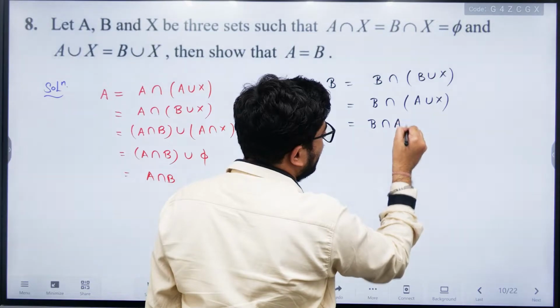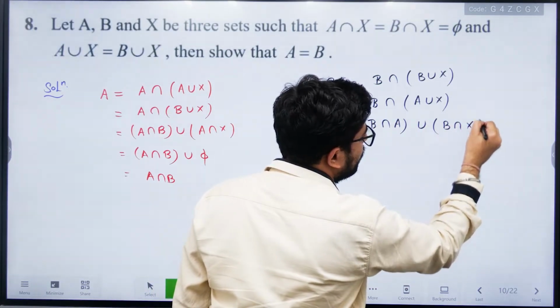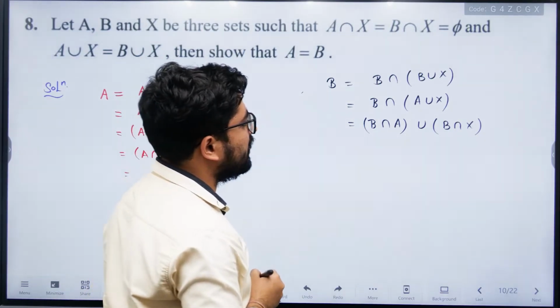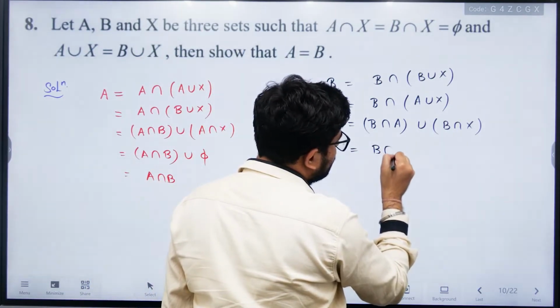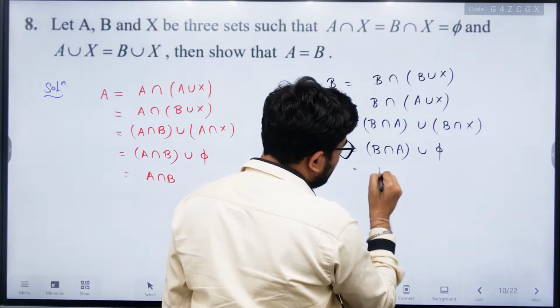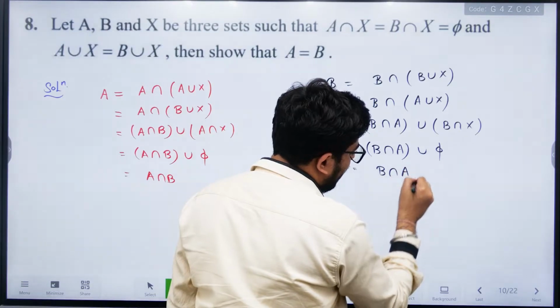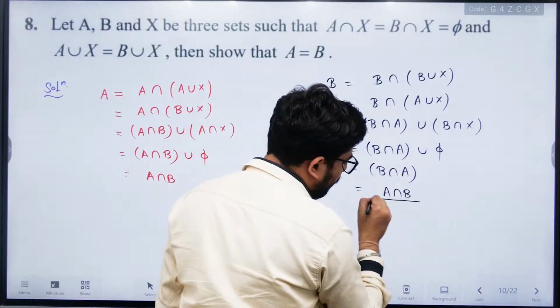B intersection A union B intersection X, and B intersection X is empty. So you can say this is B intersection A union empty, which is B intersection A. And we know B intersection A is equal to A intersection B.